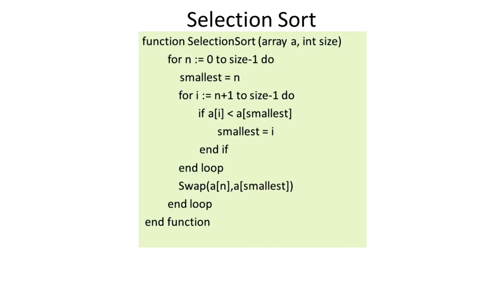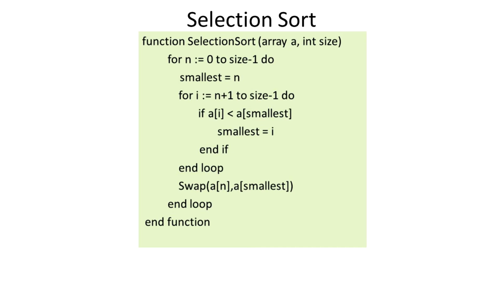So having a look at the pseudocode here, you can see that we do indeed have a nested loop system. We've got 2 for loops, one inside another, the outer loop and the inner loop. And in the outer loop, we're going to be storing the index of the first position, which remember n starts at 0 in this loop. And so we store that in smallest.